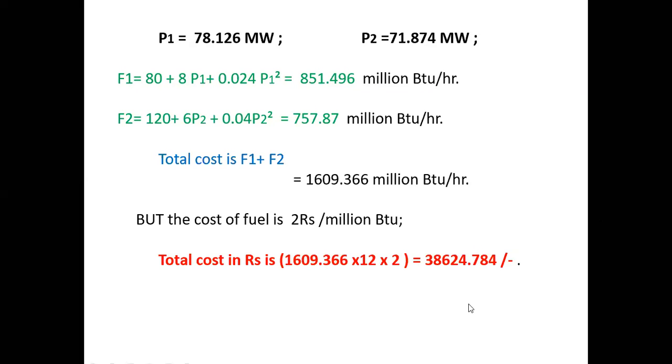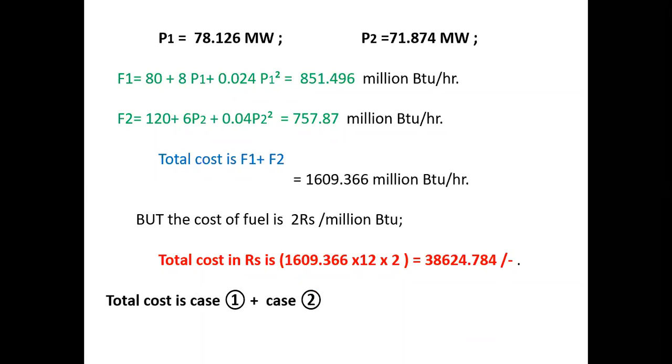Like this, you can solve these types of problems because, as I already told you, in the first unit our main objective is to find out cost only. All these problems are related to cost only. The total cost for case 1 and case 2 is around 52,649 rupees. This is nothing but the final answer for this question.